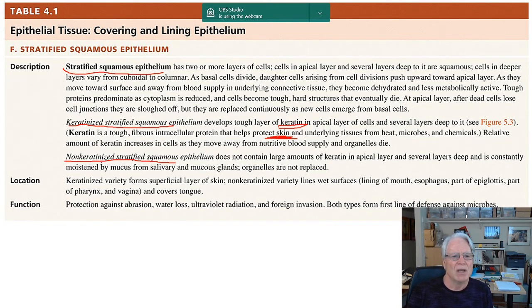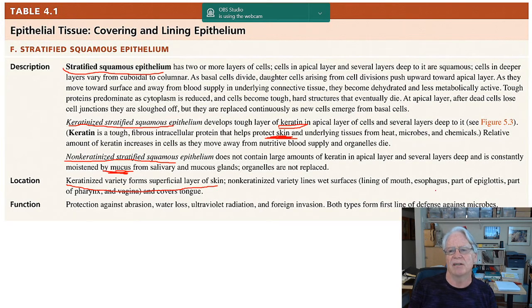It is also producing mucus, so keep that in mind. Even though you have many, many layers of flat cells, does not mean that it cannot produce mucus and put it onto the surface of that tissue. So, location. The keratinized variety forms the skin.